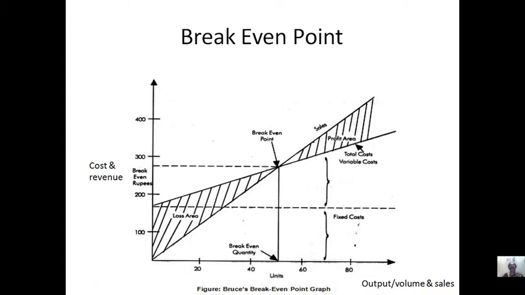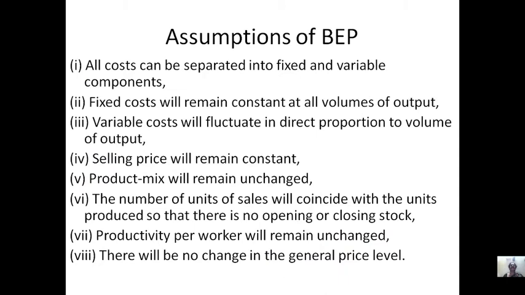Break-even analysis is completely based on some assumptions. So what are the assumptions of break-even analysis? All costs can be separated into fixed and variable components. Fixed cost will remain constant at all volumes of output.